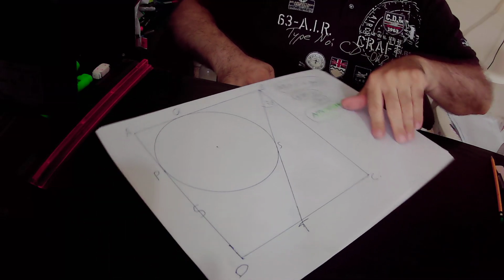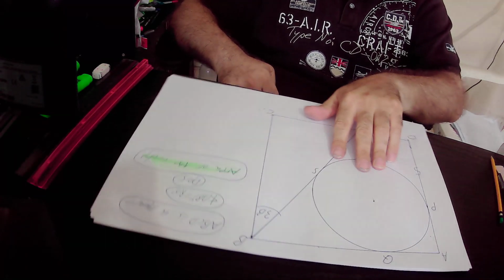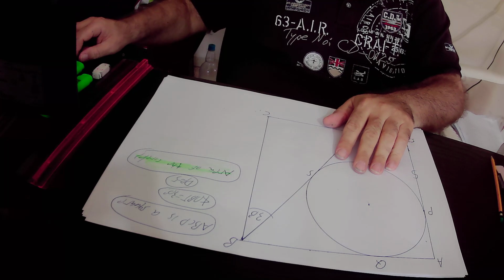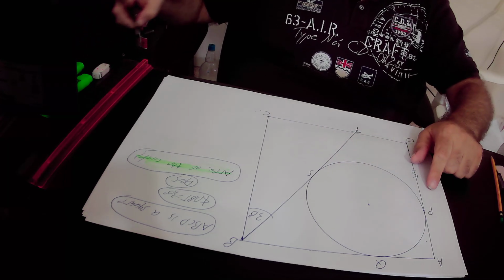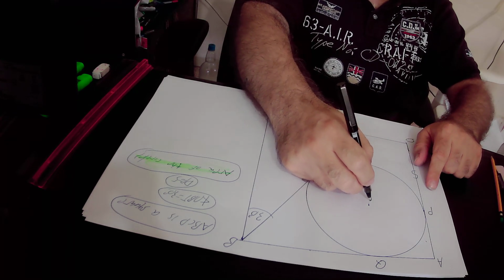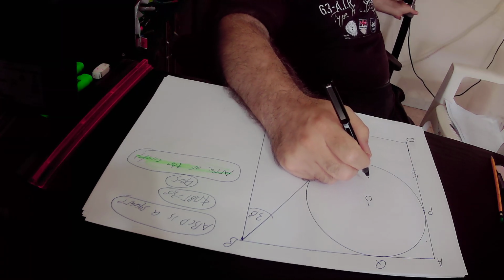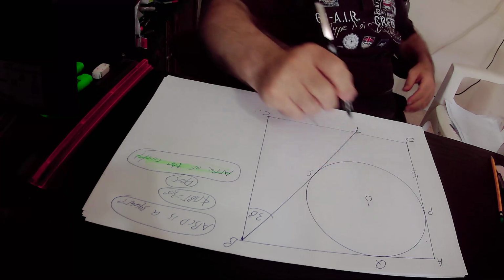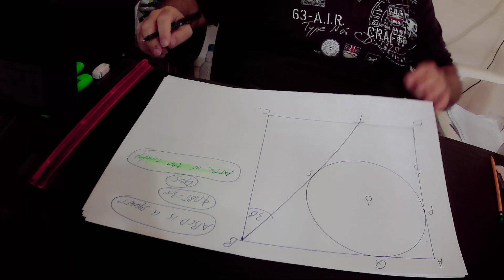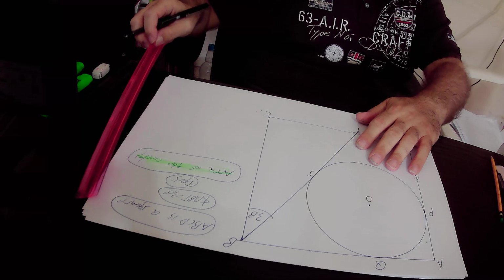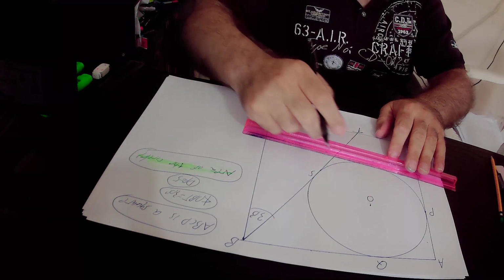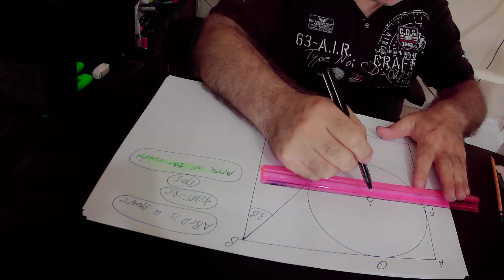Okay, so first of all, we'll define the center of this circle as O. And we will join points O and P together by a straight line.